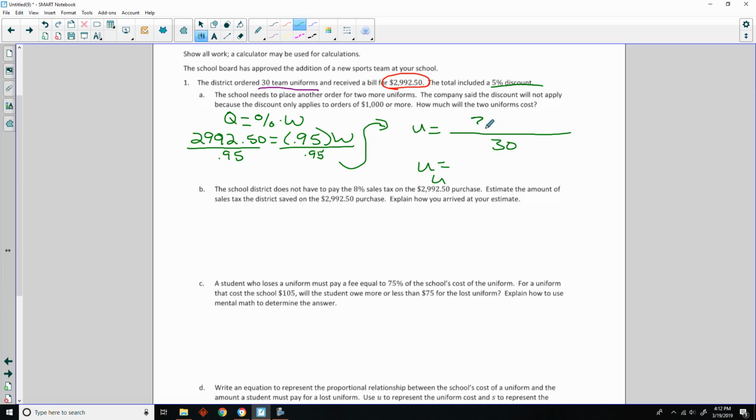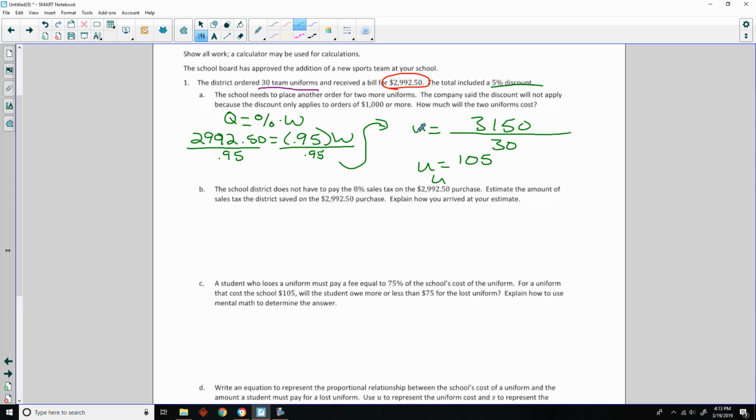So it's 3,150. 30 goes into 31 once, 30 goes into 150 5 times. There should be a 0 in between here. That should be 105. Hey Siri, what's 3,150 divided by 30?